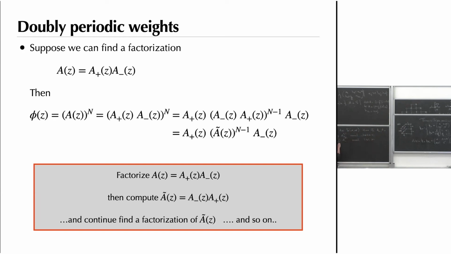And now comes the thing, and this is why I needed the third condition. If I change the order of the matrices, then this is also in my set. This is not entirely trivial because of the third condition, but actually it's true, and this actually determines this factorization uniquely.